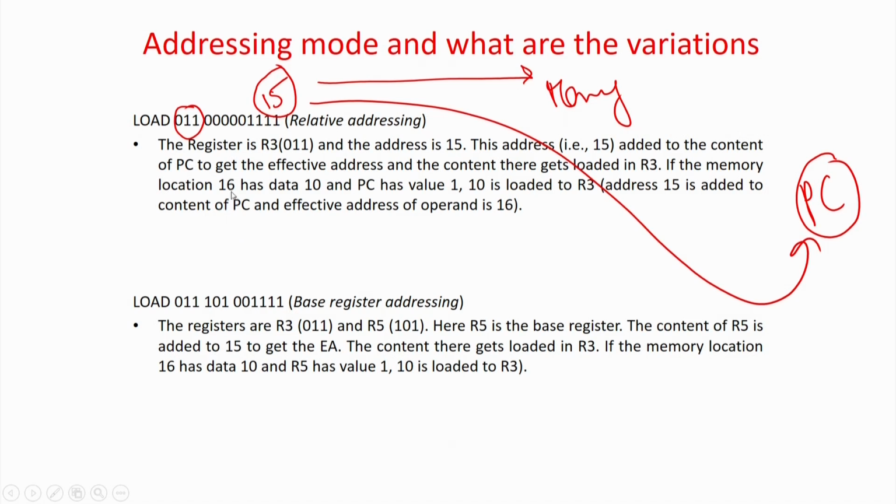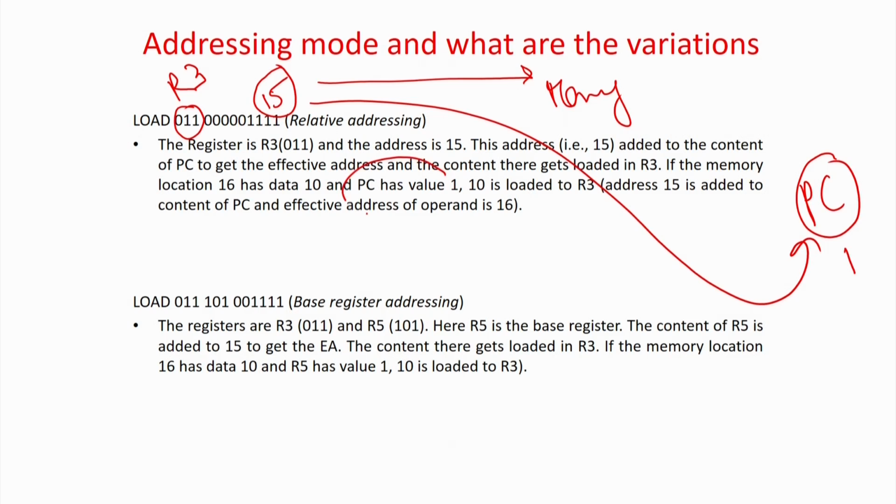In this example they are assuming that the program counter is 1. So, if the program counter is 1, then 15 plus 1 is 16, and whatever is present in the 16th memory location will be loaded into register R3. So, 15 is the main memory location, program counter is 1, 15 plus 1 is 16, and the 16th memory location has the data.